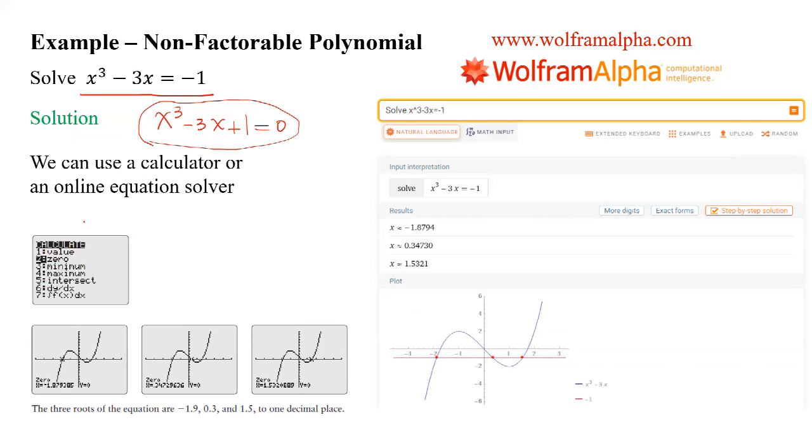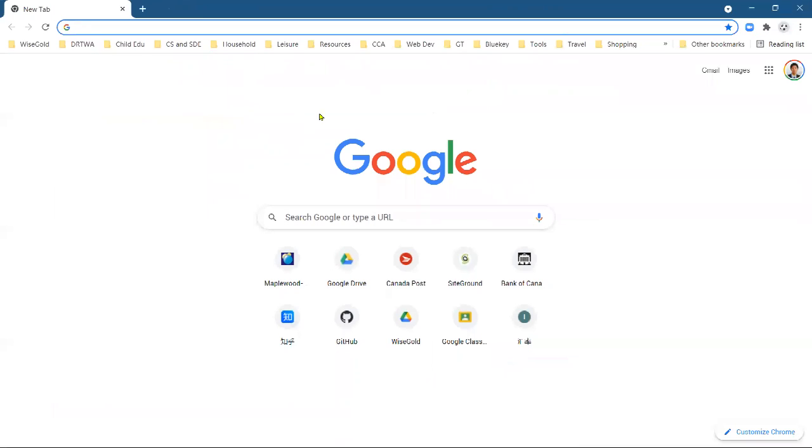I'm not going to show you how to use a calculator to solve this. You need to check the menu of your calculator, okay? Or we can use some online tools to solve this equation as well. For example, one of the typical tools is called Wolfram Alpha. I'll show you here.